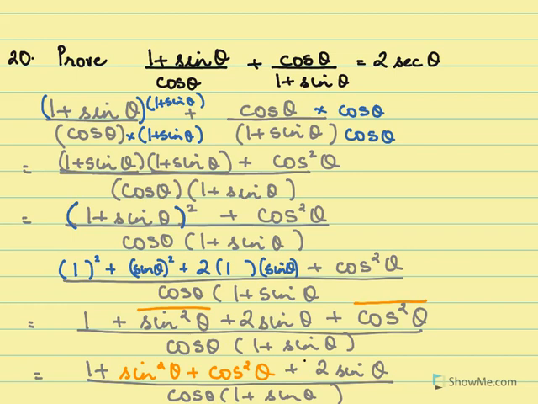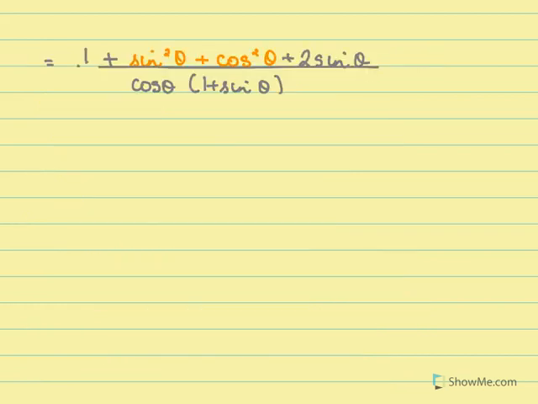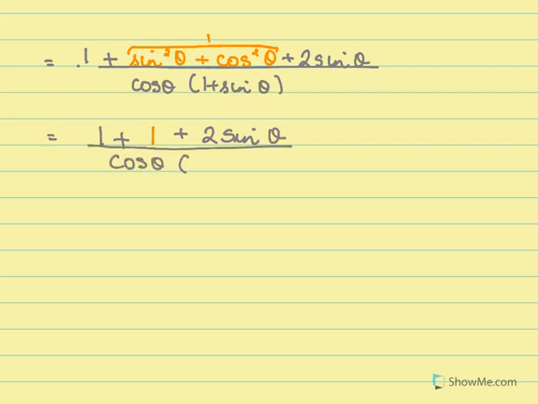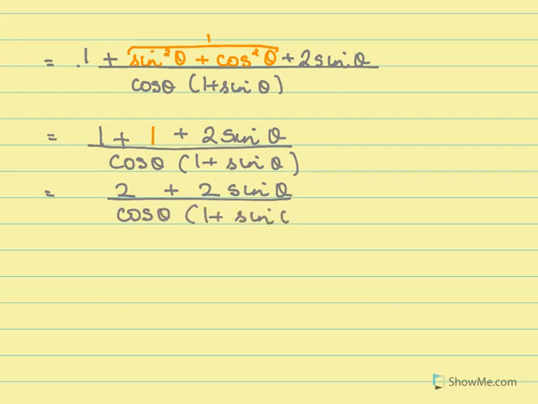Now for sine square plus cos square I'm going to use 1. Okay, so let's go ahead. 1 plus sine square plus cos square, I will put 1, so I put 1 here, plus 2 sine theta over cos theta 1 plus sine theta. So 1 plus 1 is 2, plus 2 sine theta over cos theta 1 plus sine theta.